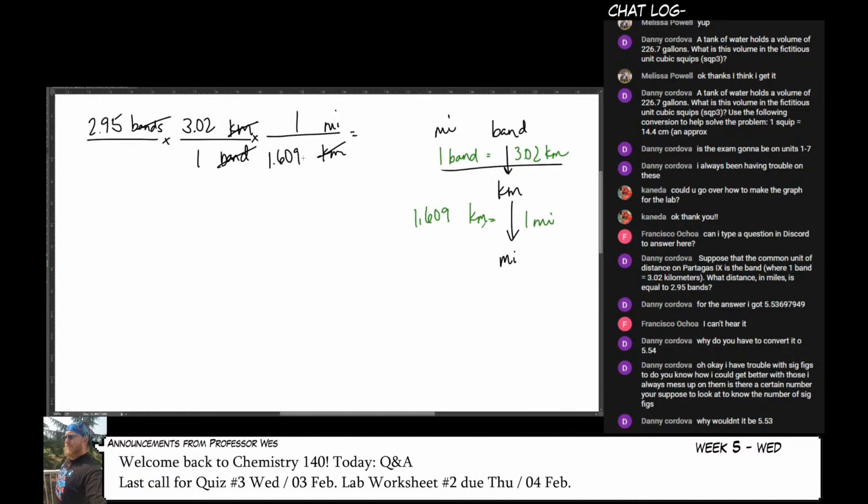So we punch it in the calculator, and what do we get? 3.02 divided by 1.609. I got 5.53697, which is the number you have on your screen. But I got to round it to 3 sig figs. So this is what I get, but I only get to keep these 3 sig figs. I'm going to round it to 5.54.